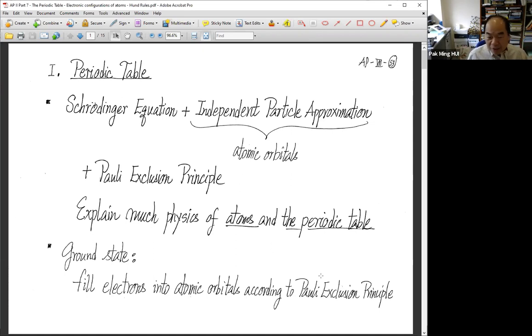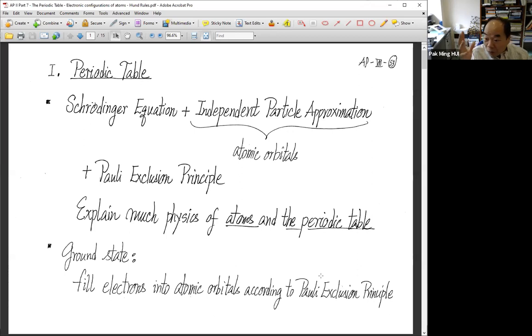When you see this, you should appreciate there is a lot of hard work behind it. Any atom beyond hydrogen is highly complicated, simply because you have 2 electron problems, 3 electron problems, 92 electron problems. It's hopeless. Nonetheless, physicists can make such big progress and establish the periodic table and understand what is happening.